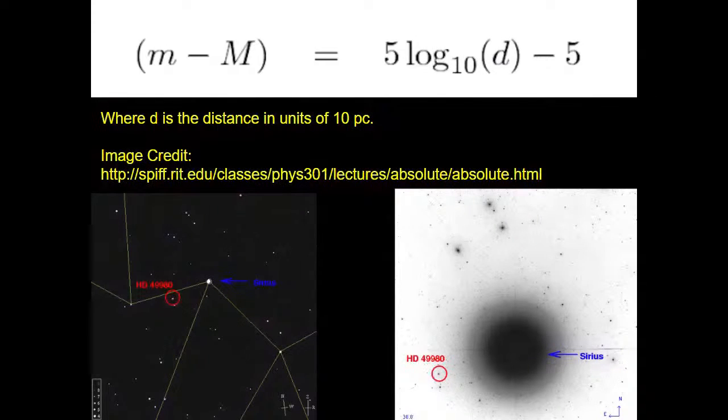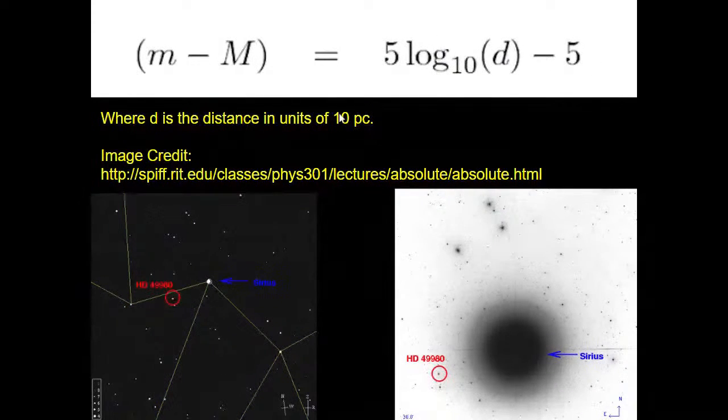Because if that bright object is brought to a distance of 10 parsec, then log 10 of, okay, wait a minute, if you take this equation, I have made a mistake here.